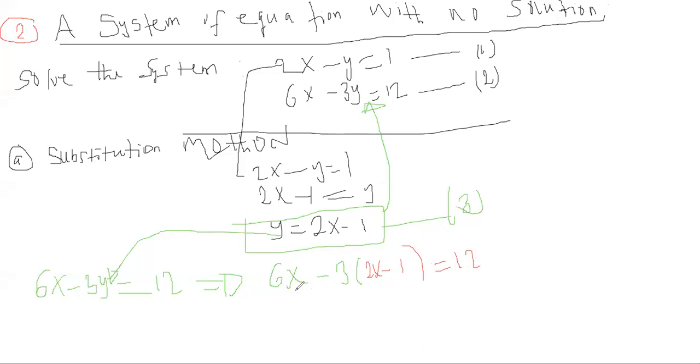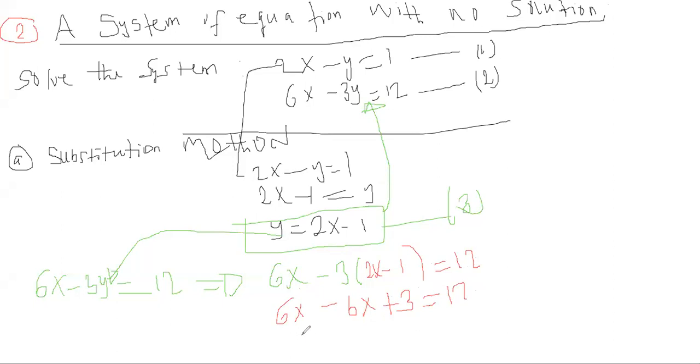So we will have something like this, 6x minus 6x. How did we get 6x? This is 3 times 2, 6, the minus and the x. So this will give us what? Plus 3, then equals 12.